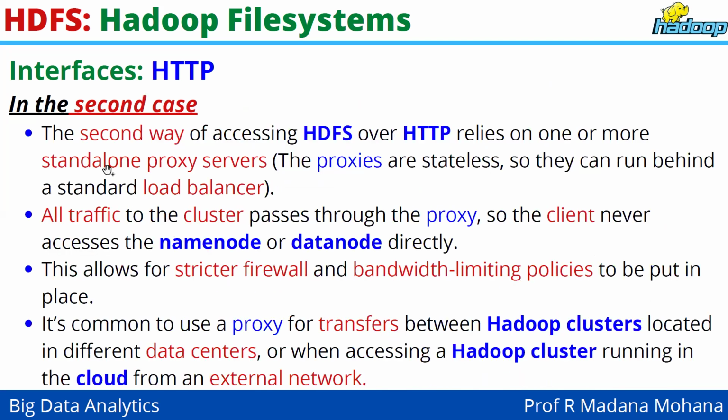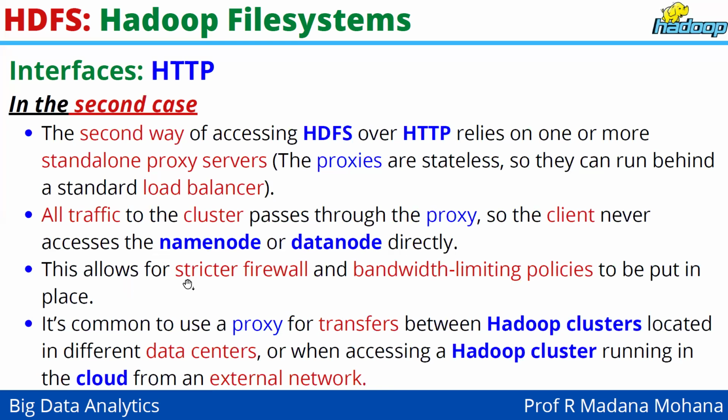Whereas in the second case, that is through HDFS proxies. The second way of accessing HDFS over HTTP relies on one or more standalone proxy servers. Here the proxies are stateless, so they can run behind a standard load balancer. All traffic to the cluster passes through the proxy, so the client never accesses the name node or data node directly.